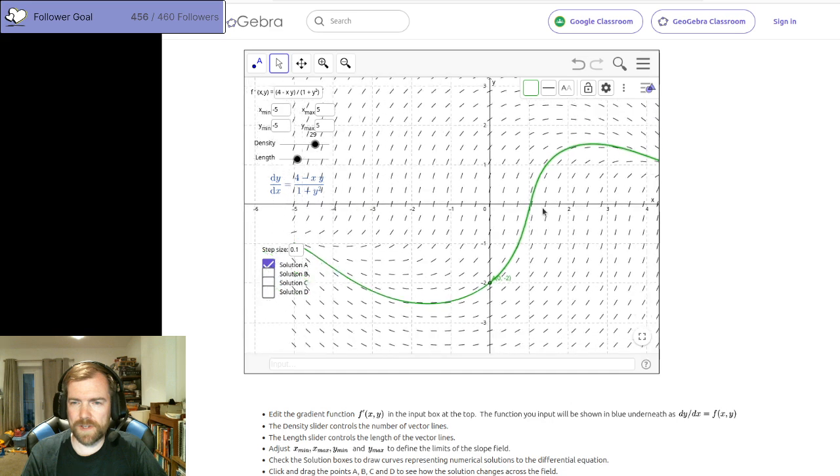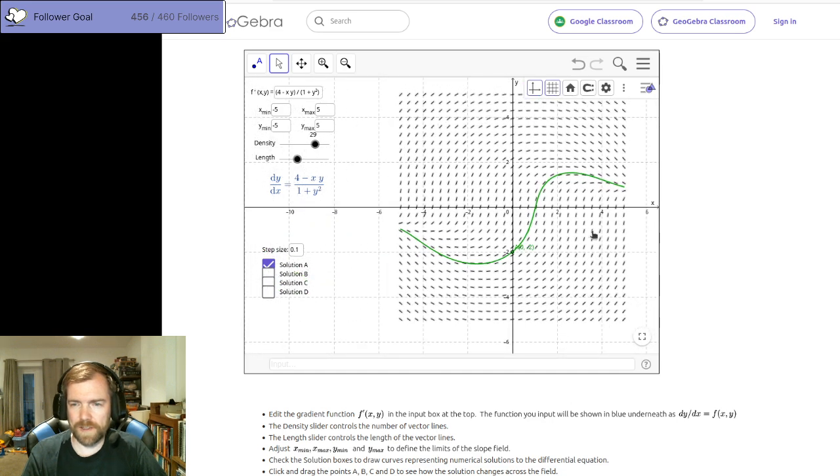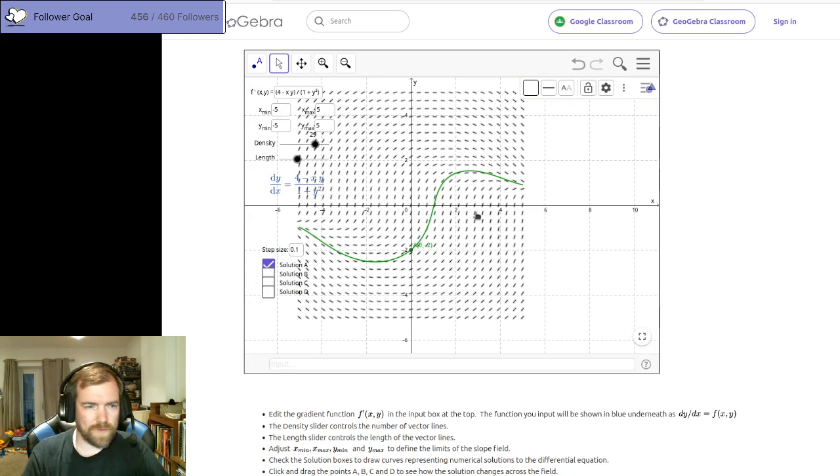As we go 1, 2, 3, 4, our y values are deviating above and below where it looks like an asymptote should exist, somewhere around y equals 1.